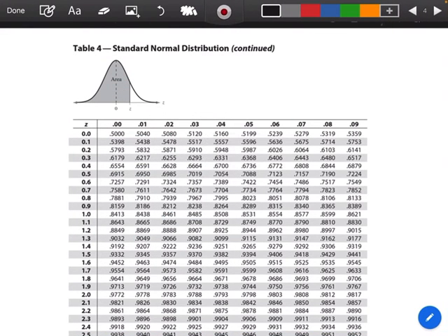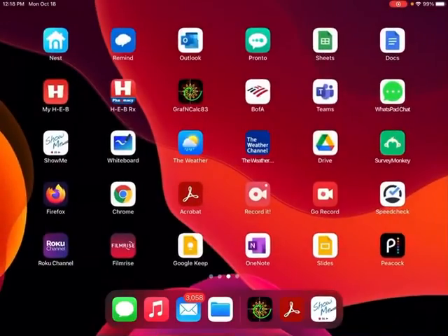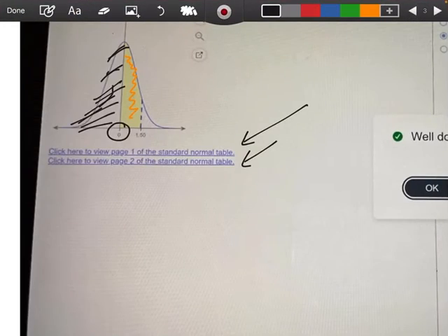There we go. Okay, so if you look right here, it's 0. I'm going to look at where these two meet. So the area to the left of 0 is 0.5. So when I come back over here, I know this area here, y'all, is 0.5.